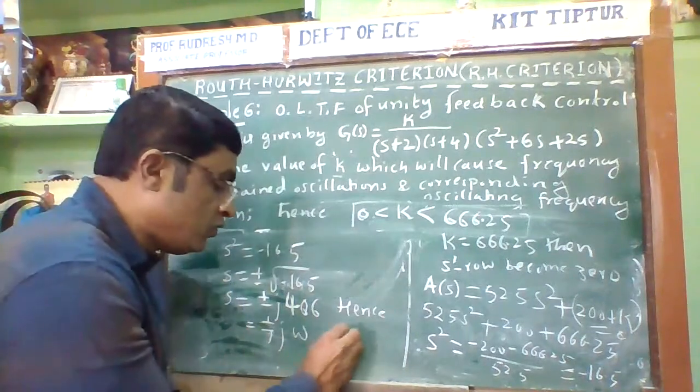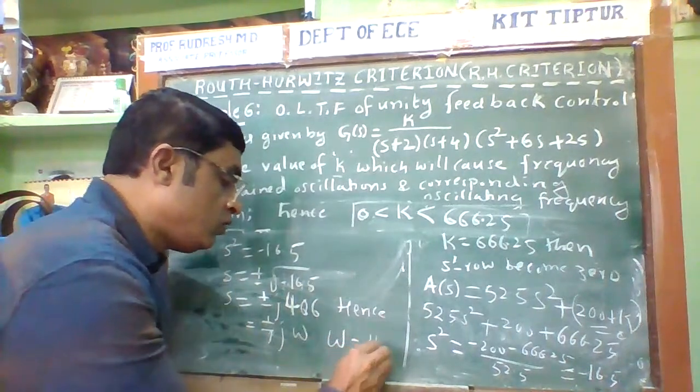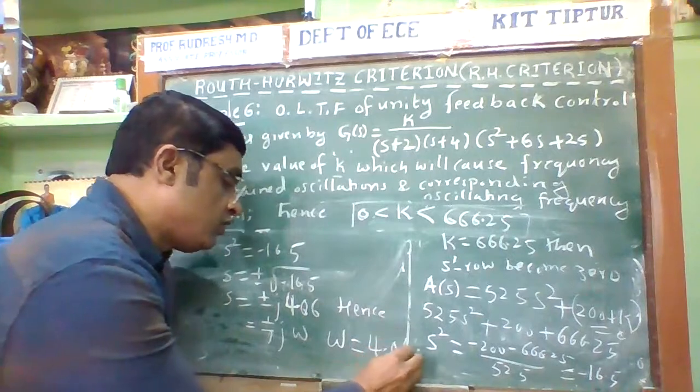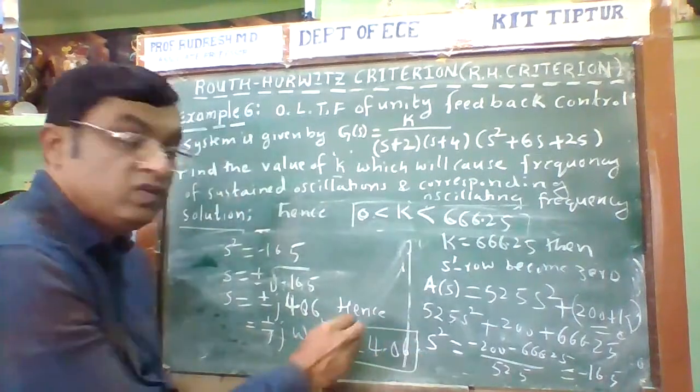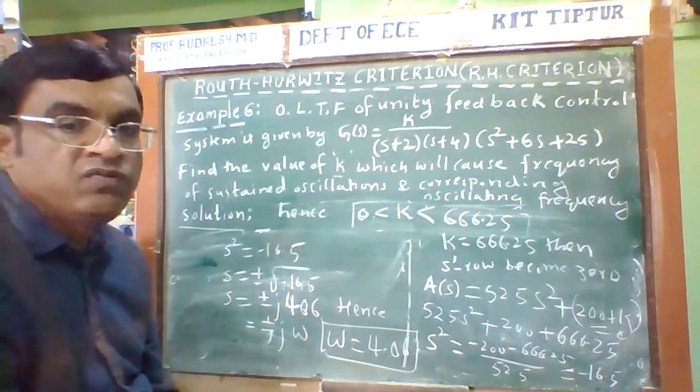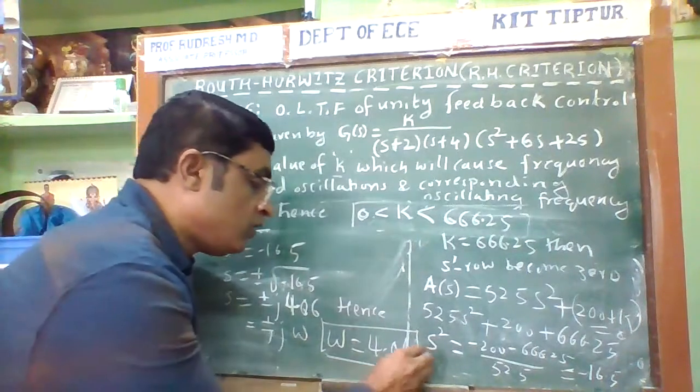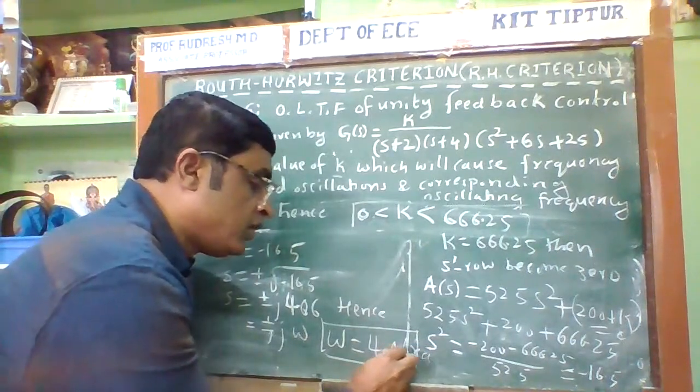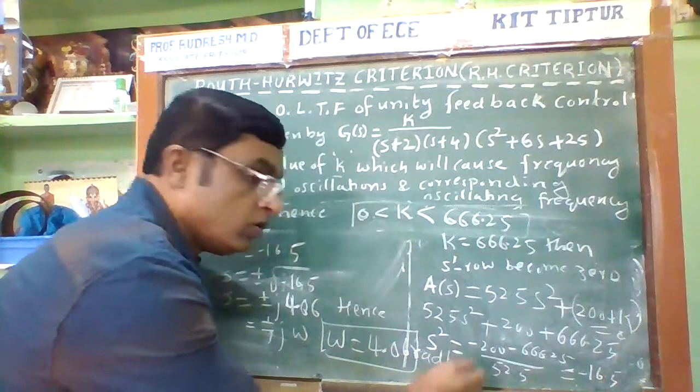Therefore, omega is equal to 4.06. This is the frequency, omega equal to 4.06 radians per second.